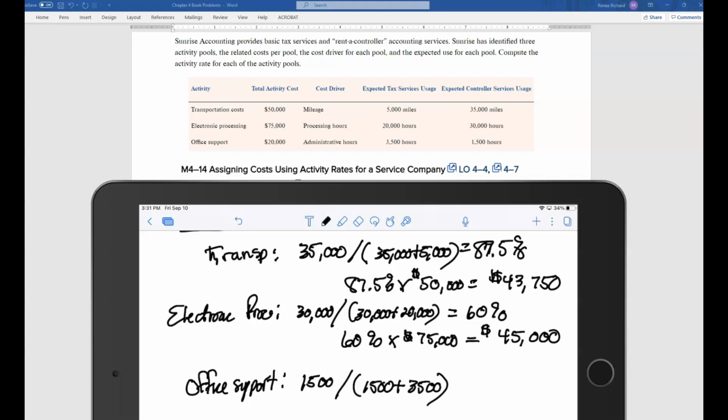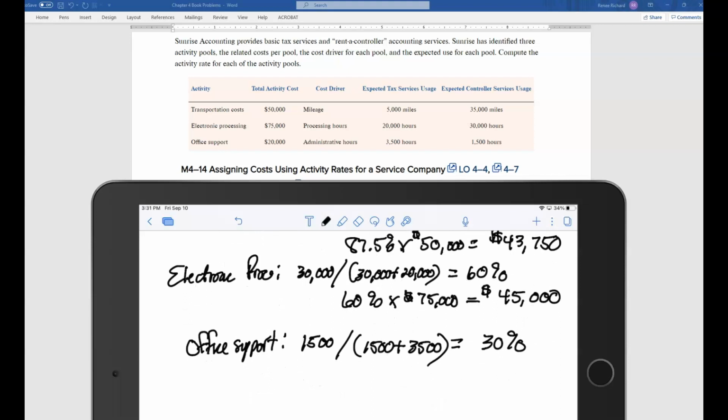So divided by the total gives us a percentage of 30%. 30% times the total cost of 20,000 equals $6,000.